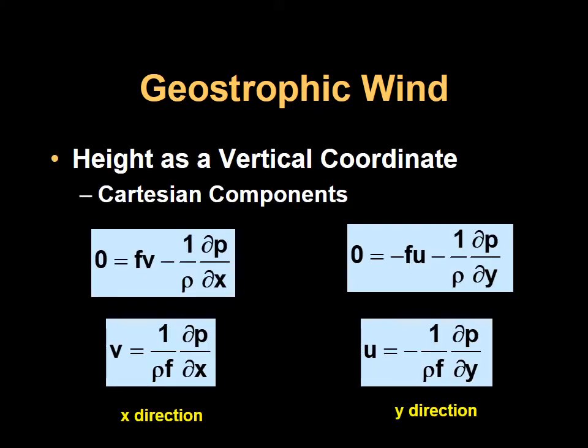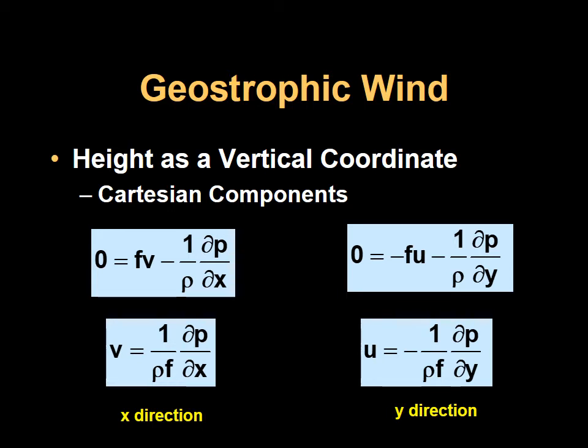We can break the geostrophic wind up into its components by just remembering the components for Coriolis and also for pressure gradient force in the y direction and also in the x direction. So based on that, here are some equations which show, of course, the acceleration is 0.